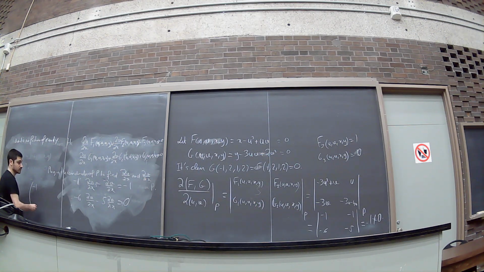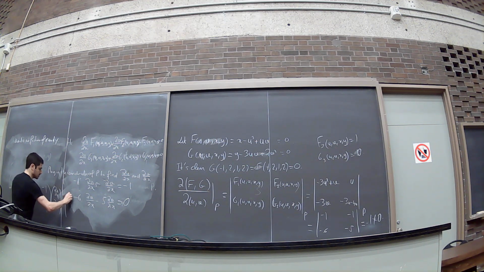I mean, you can do it many ways, but let's do it with matrices. Minus 1, minus 1, 6, minus 5, is equal to minus 1, 0.